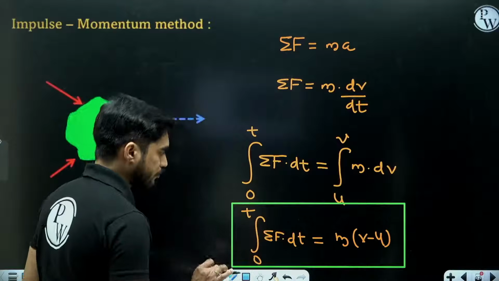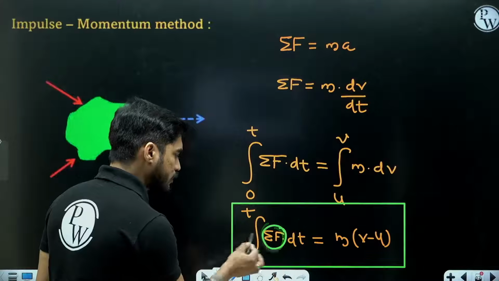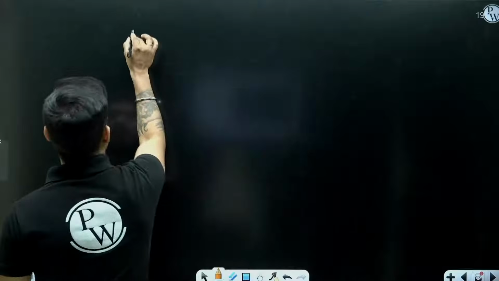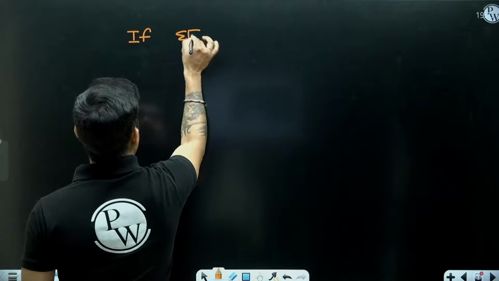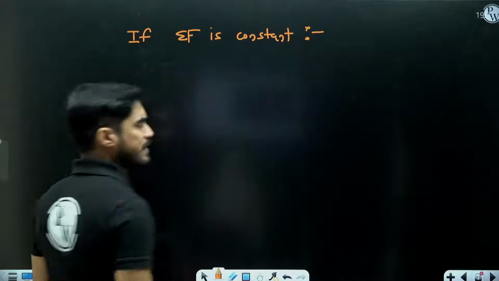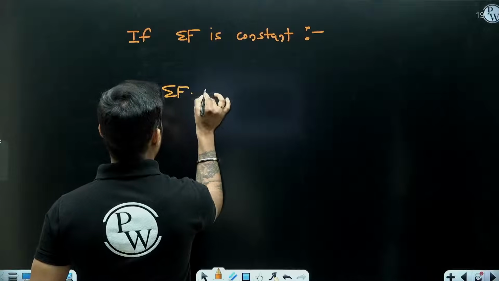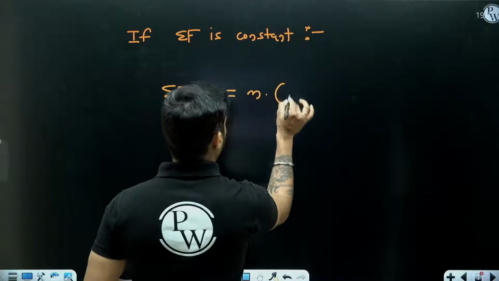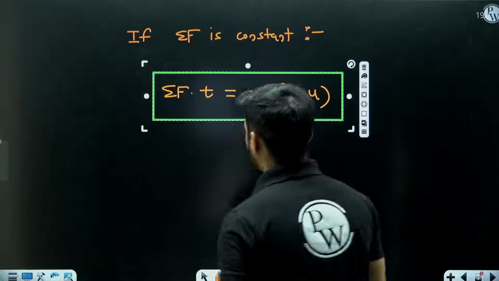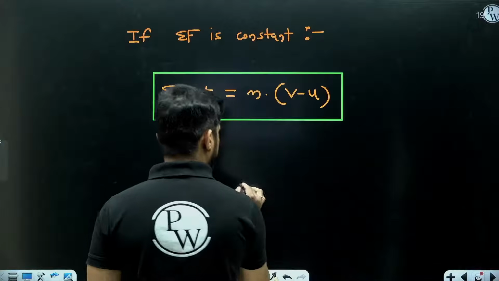Now understand, if the force is constant, then this force will come out of the integration. If the force is constant, only then. If summation of F is constant, you are not applying a force as a function of time, then it will become: summation of F into t equals m into (v minus u). In most of the cases the force is constant, but in some questions you will find that they have given the force as a function of time.